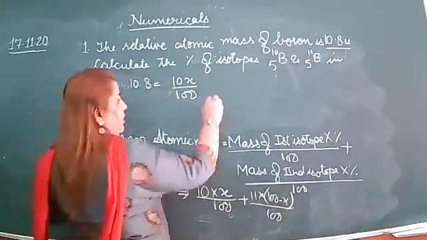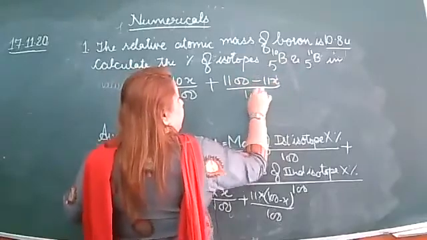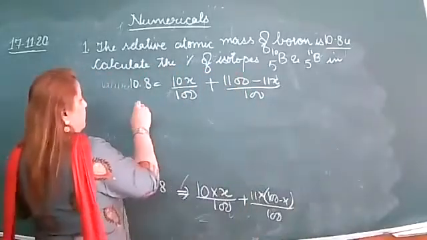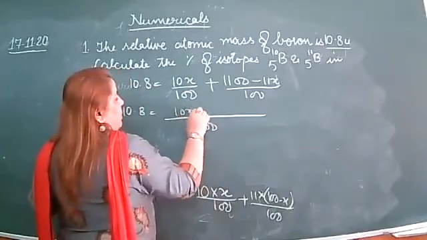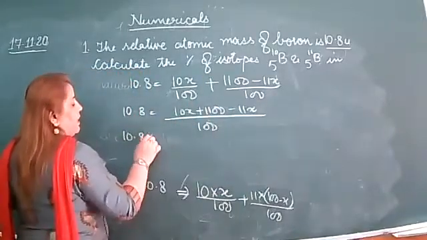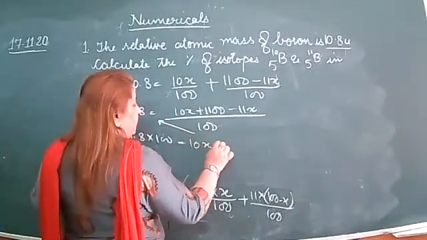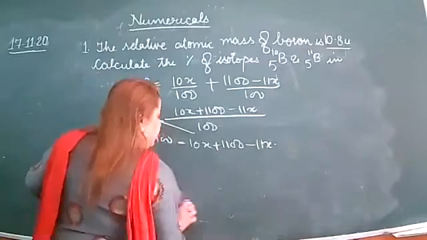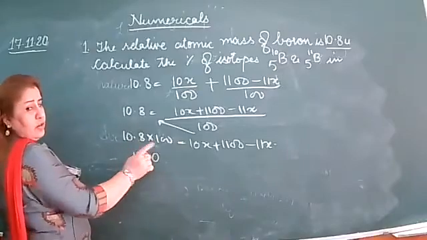Here you will put the bracket, then plus 11 into 100 minus x, divided by 100. 10.8, 100 is the LCM, so 10x plus 1100 minus 11x. 10.8 multiplied by this 100 goes here, 10x plus 1100 minus 11x, right? 1080 will come.